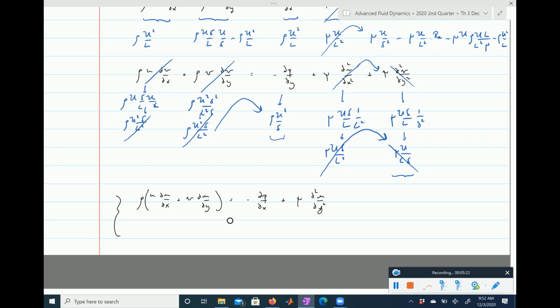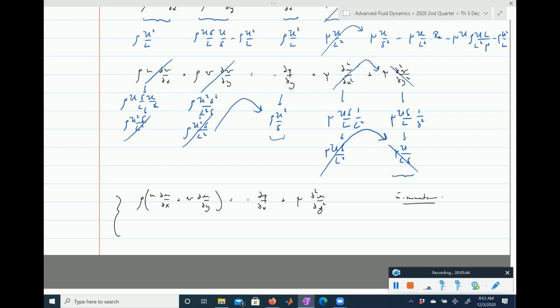The pressure term we keep, but in the viscous term, we only keep the viscous term with a partial derivative in the direction across the boundary layer, so normal to the uniform flow. So we don't have the second partial of u with respect to x term. That is our boundary layer equation for the x momentum equation.